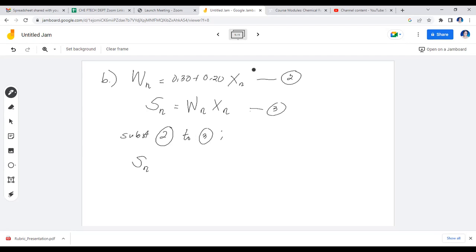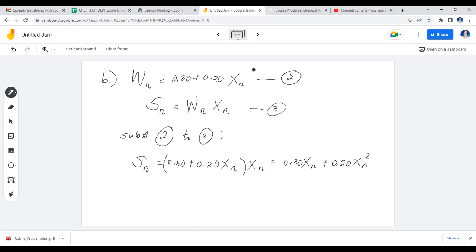Equation 4 will be now S sub n equal to, you copy all of this, and X sub n, and this is your entire capital omega sub n multiplied to X sub n. So this should give you 0.3 X sub n plus 0.2 X sub n squared.